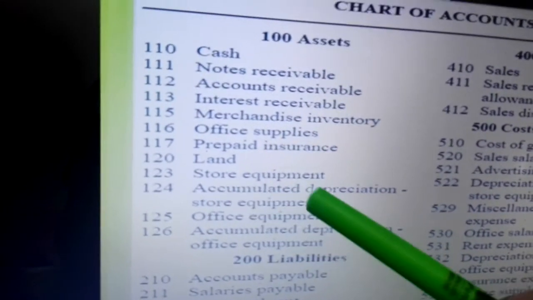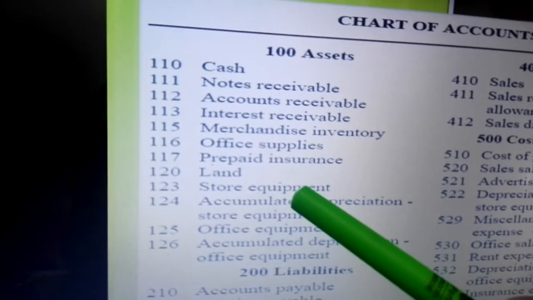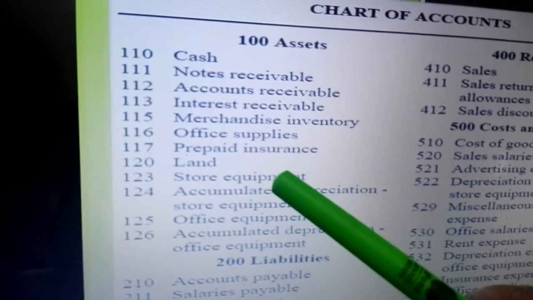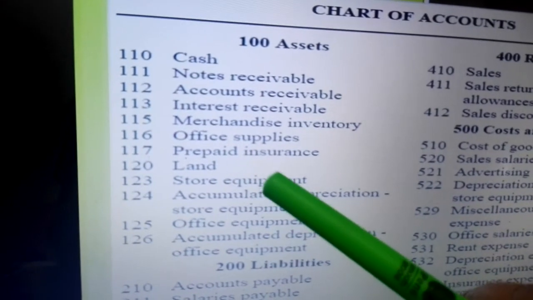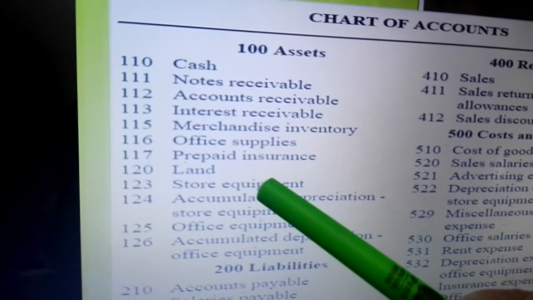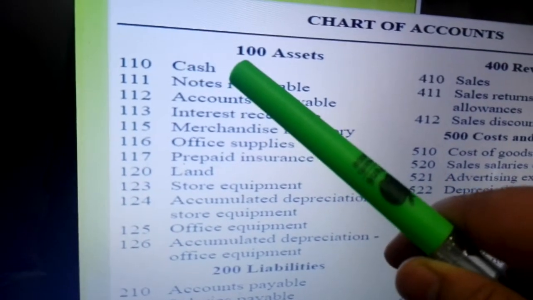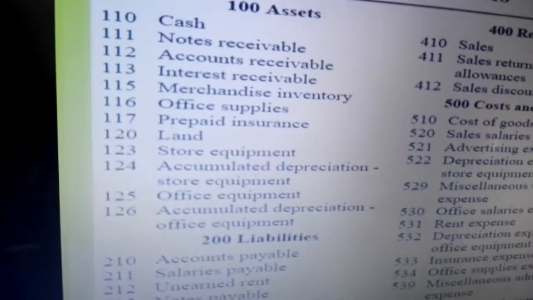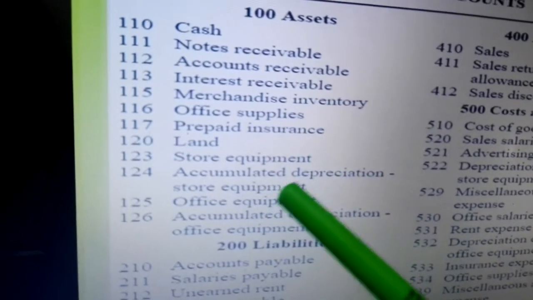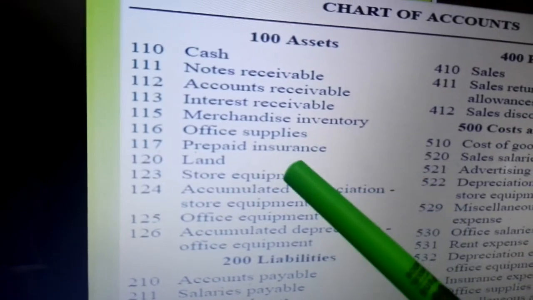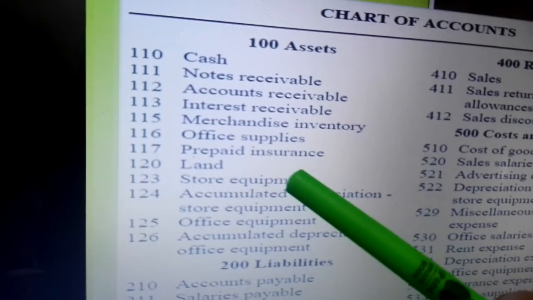For example, store equipment that will be used in the company, everything must be used in the company. Then store equipment positive, that means that they need equipment in the company, and maybe they will be using cash, that gives a different decreasing or negative impact on the cash. Accumulated depreciation store equipment is used if they'll be going to sell store equipment after 5 years or 10 years.